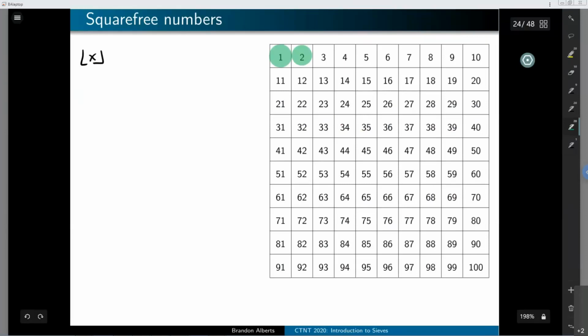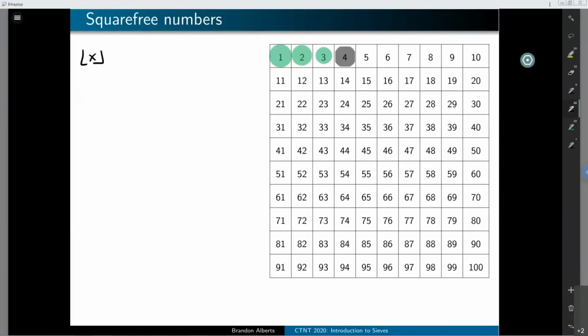But we know that perfect squares, the next perfect square is 4. So 2 and 3, those are both square free. Then we get to 4. That's a perfect square. It's not square free, so I can remove it.